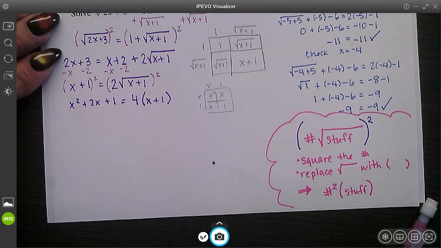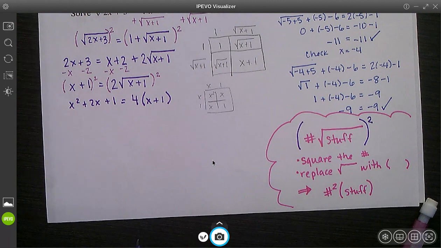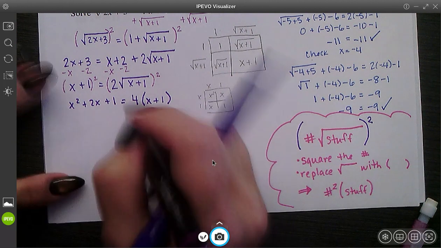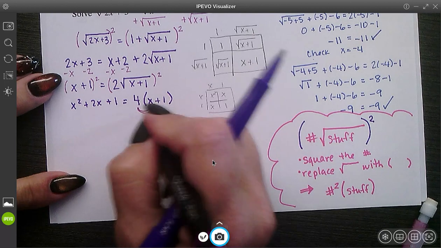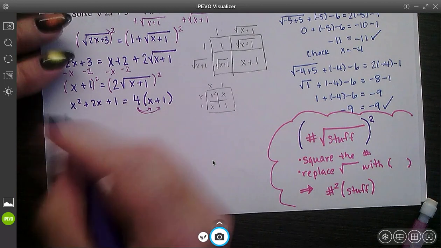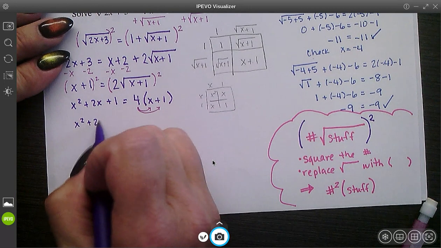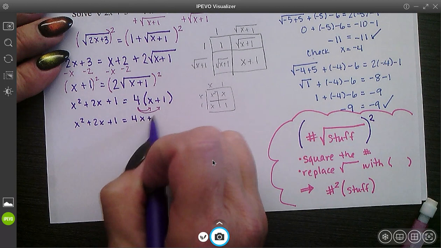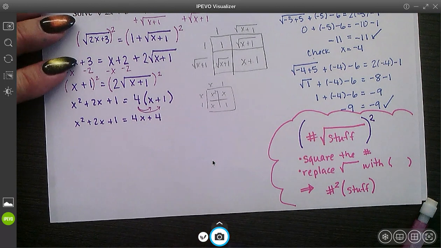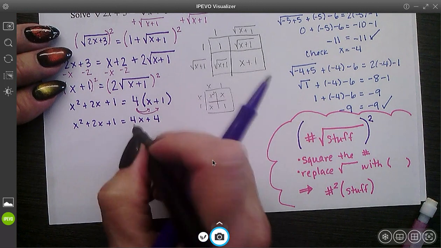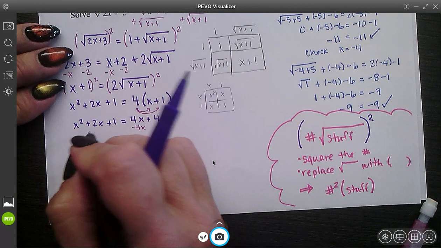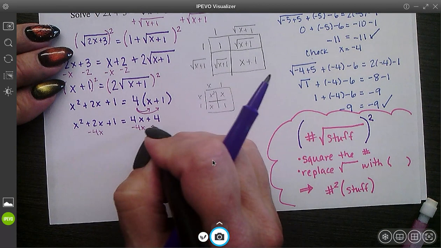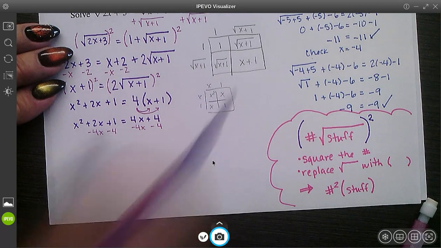Okay. Next move. We still have to solve this. So I'm going to go ahead and distribute the 4. So I have x squared plus 2x plus 1 equals 4x plus 4. This is a quadratic equation, so I'm going to move my 4x and my plus 4 over to the left side.